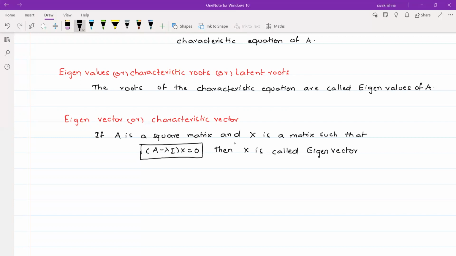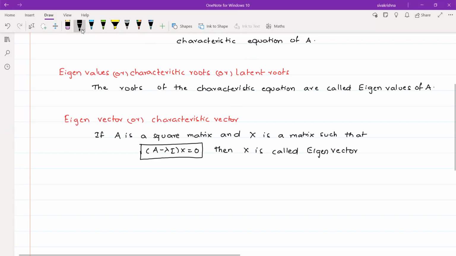After finding the eigenvalues, we can find the eigenvectors. For each eigenvalue we can get one eigenvector, using the equation A minus lambda I into X is equal to 0. Now I'm going to explain one example.